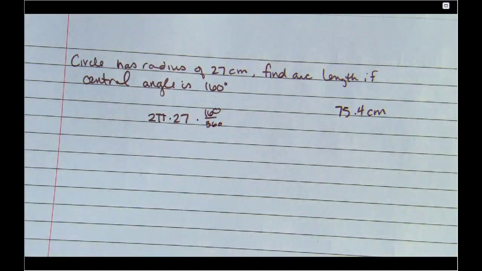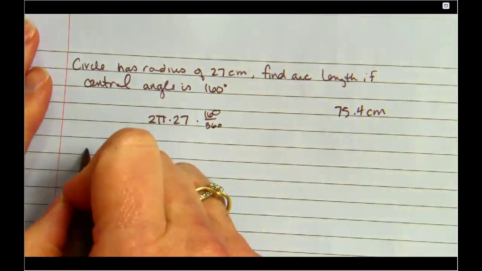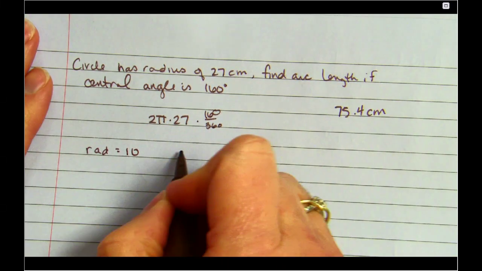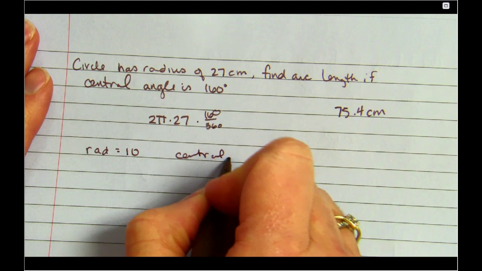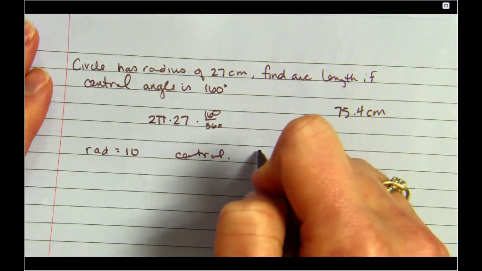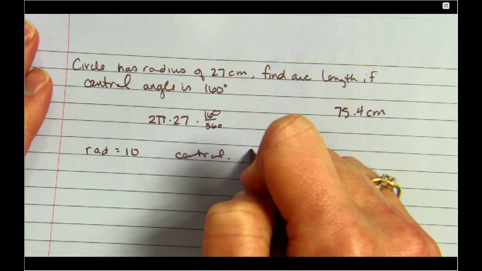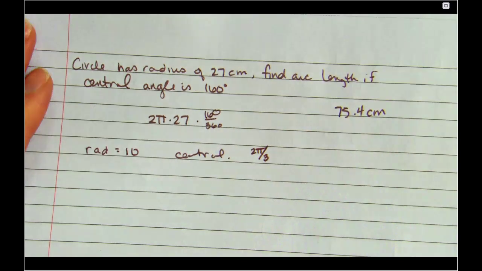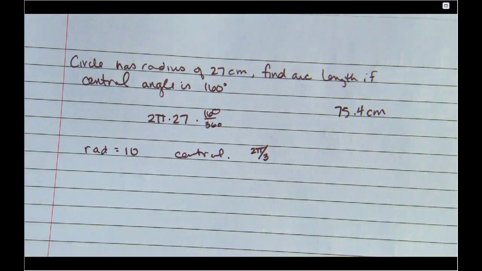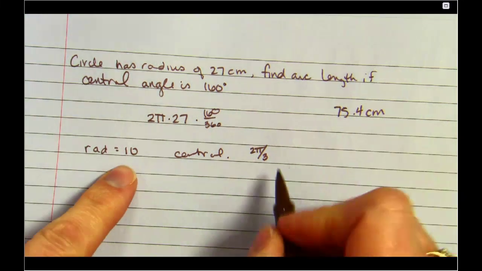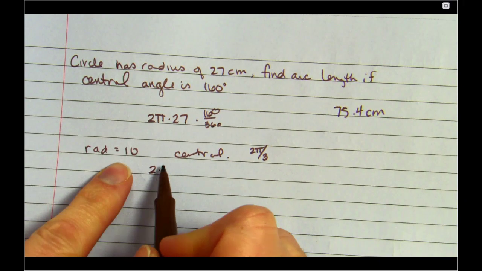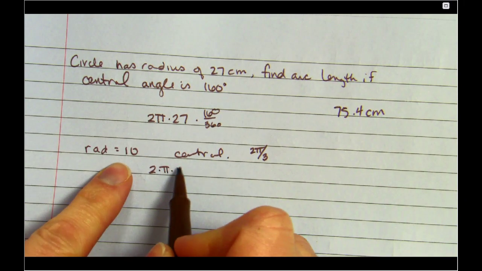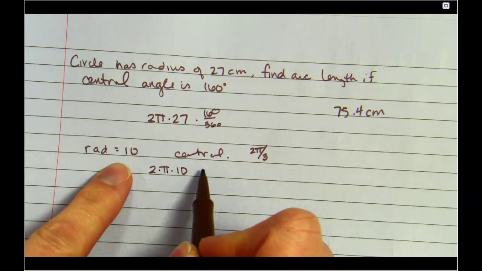Now listen, what if the radius was 10 and the central angle was 2 pi over 3? You have two options. 2 times pi times radius is normal.